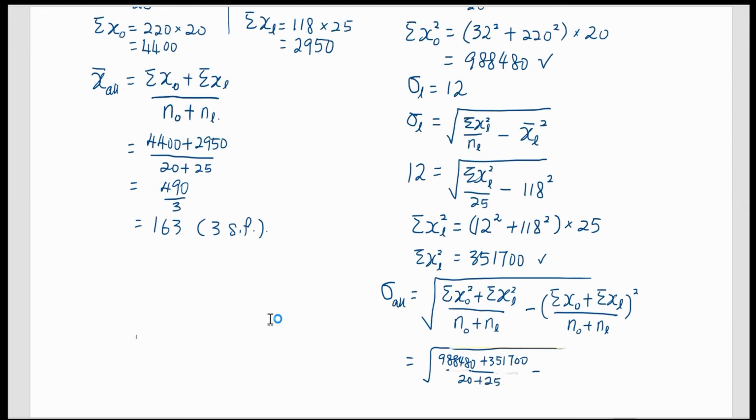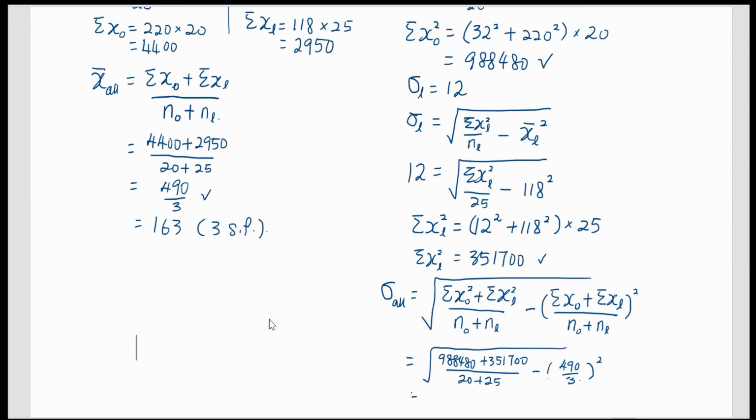And we know this is actually the mean of all 45 fruits, which we found in part 1. So instead of using 163, the rounded 3SF figure, I'm taking 490 over 3, the exact value, divided by 3.